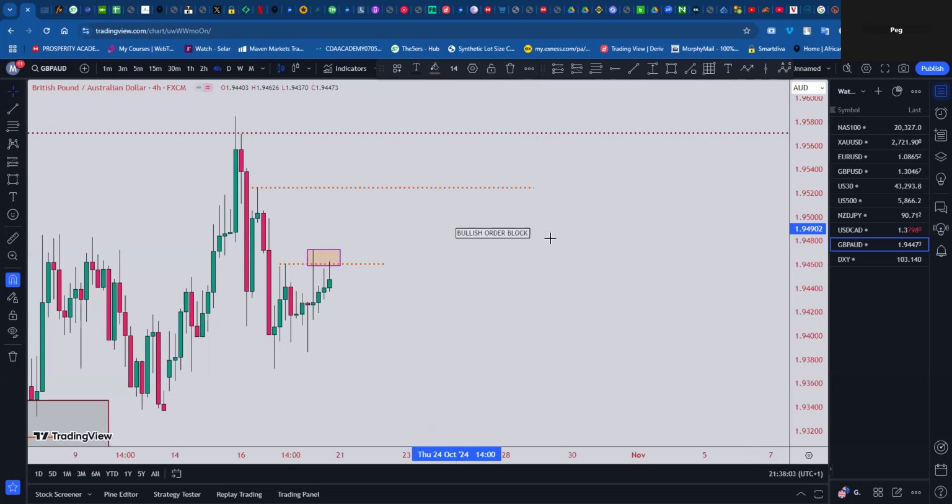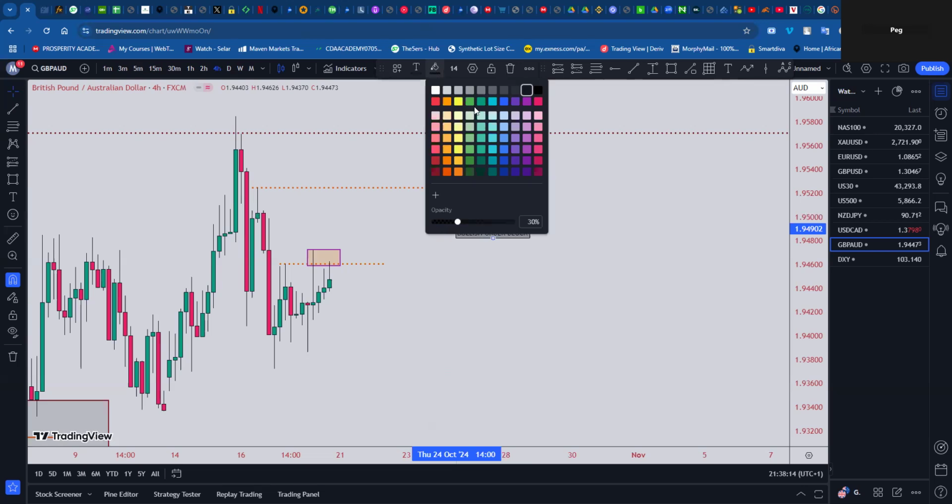This color is too faint. For a bullish order block.